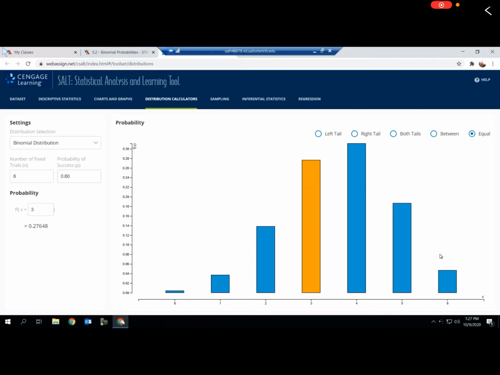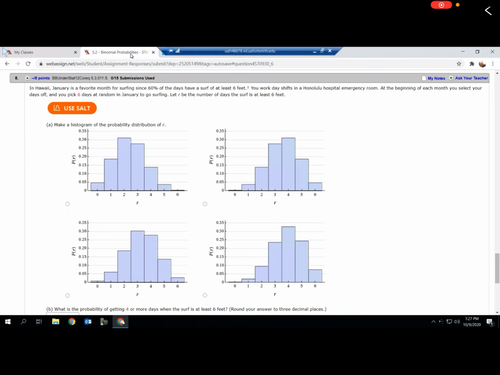Okay, so let's pretend that we smash all these bars together and see if we can't come up with the right bar graph. This one looks pretty close. This one does too. So we're going to need to do a few probabilities.